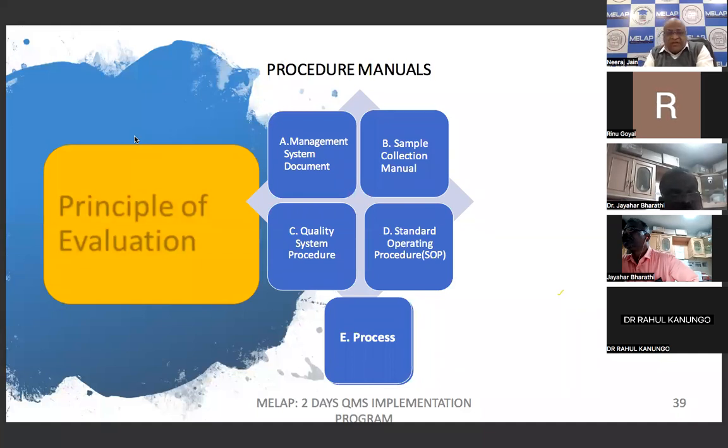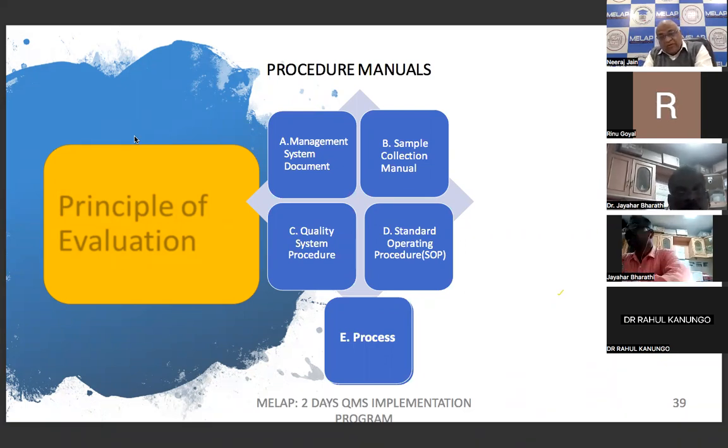At some places, the standard is asking for a procedure on how you will carry out a particular activity, related maybe to release of results or some other activity. Those you can call either documented procedures or quality system procedures.